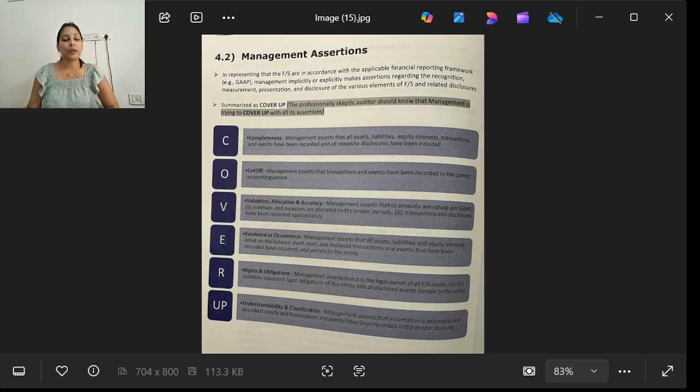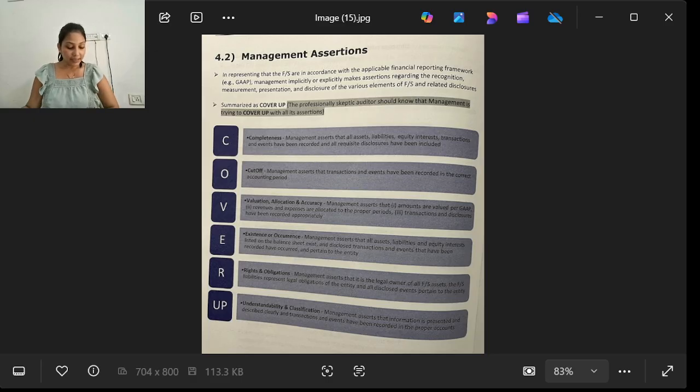If any transaction pertains to the current year but has been recorded in the next year due to certain technical glitches or certain logistic things, it should be management's responsibility to take it into account in the correct accounting period, to identify which accounting period it pertains to and to report in the correct accounting period.